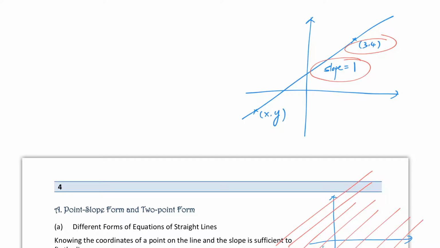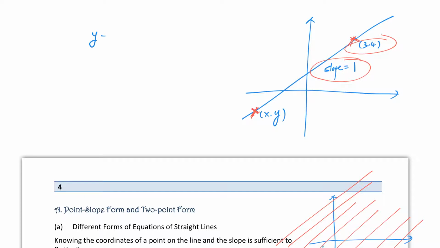The information is that the slope between the point (x, y) and (3, 4) must be equal to 1. The point (x, y) can move along this straight line, but I want to find all the coordinates on this line that satisfy that equation. So I can use this idea.